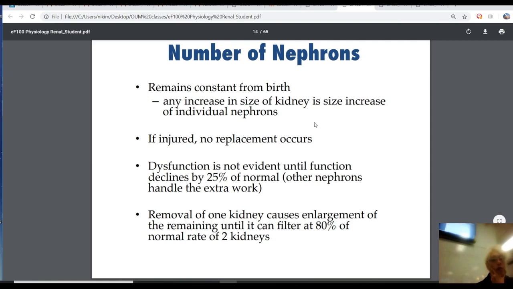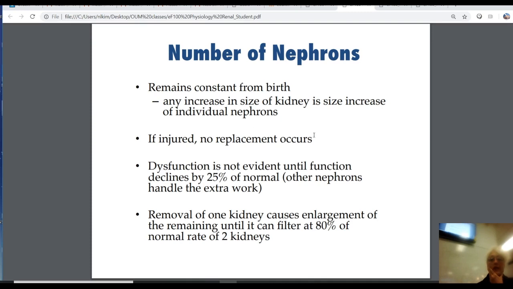Just like ovaries in a female, once nephrons develop, they're constant from birth. Any increase in size is an increase in the size of the nephron. So we can't replace our nephrons. Just like if someone loses their ovaries, they can't replace them again. If you injure the nephrons, they stay dead.